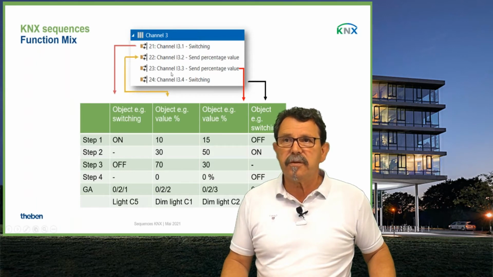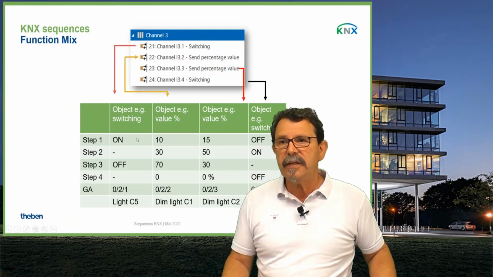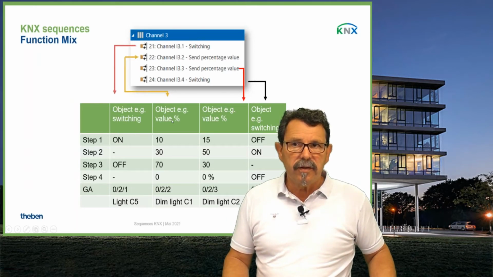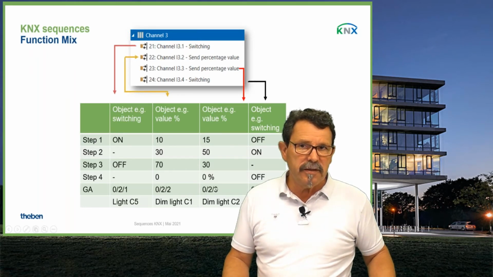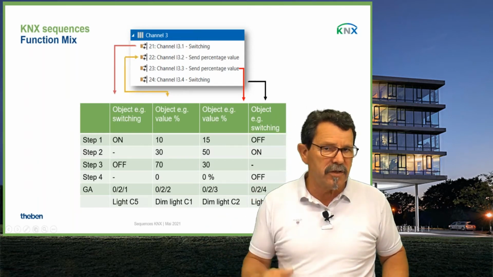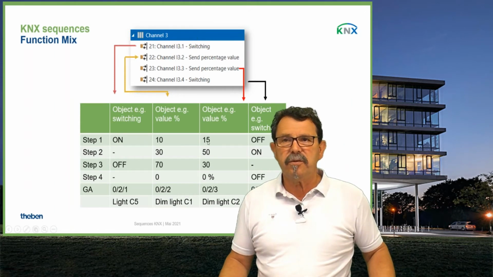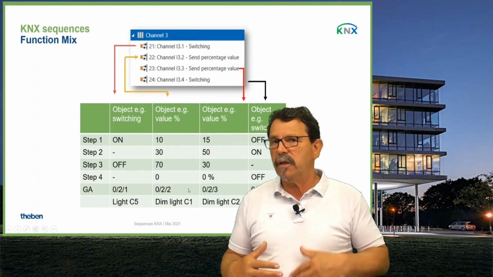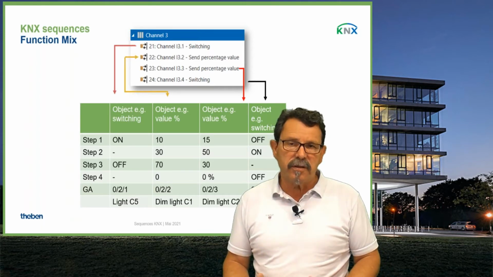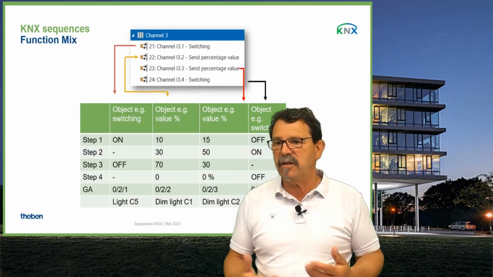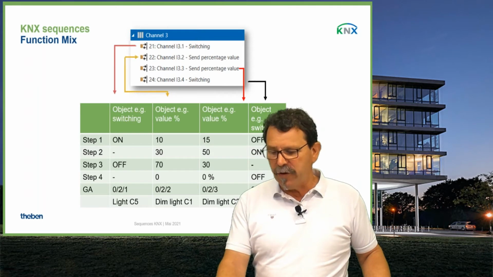Step 1, for instance, means channel 1 here is giving you an on command on this group address, an object value, a percentage value on this group address. On another group address, we send another value, for instance another light or a central function, central off, or however. So you discover here this is finally a small sequence, and this will run automatically if preset accordingly, so that the endless function is preset, for instance. Then you have exactly that cycle.